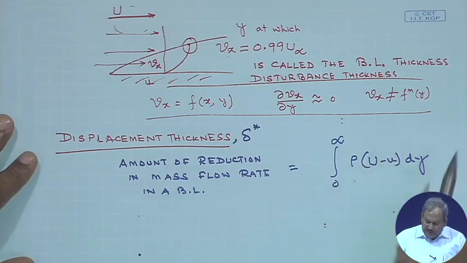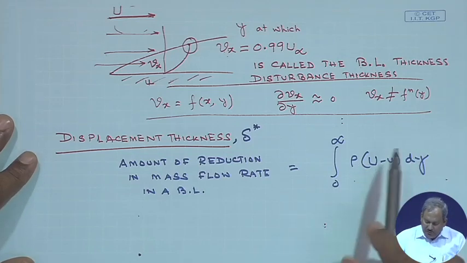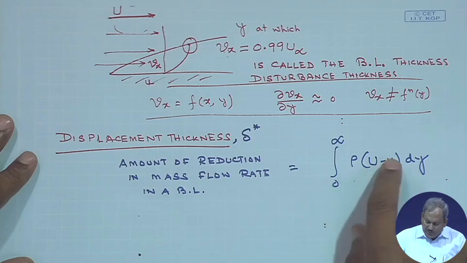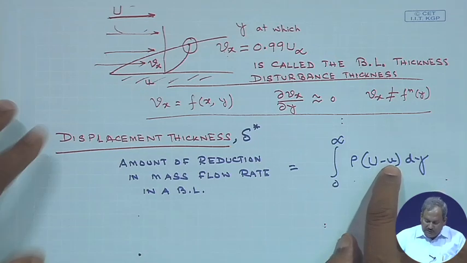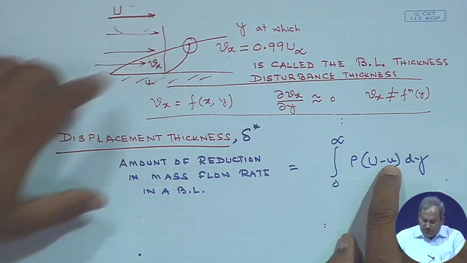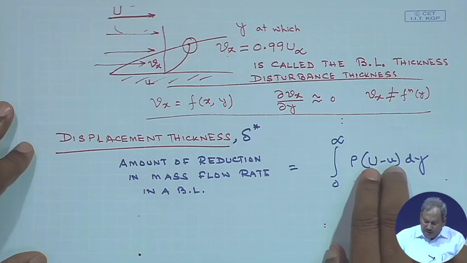So, if I did not have the boundary layer, the amount of mass flow rate would simply be rho U times dy. Since I have a small u present in this part of the film, this capital U minus small u denotes the reduction in the mass flow rate as a result of the presence of viscous forces in it.